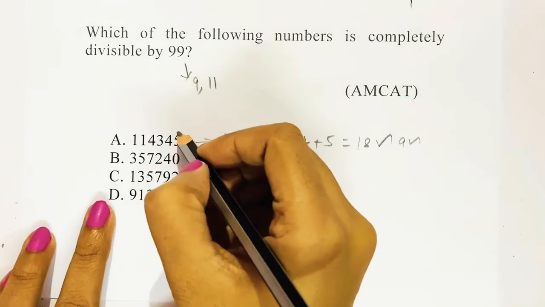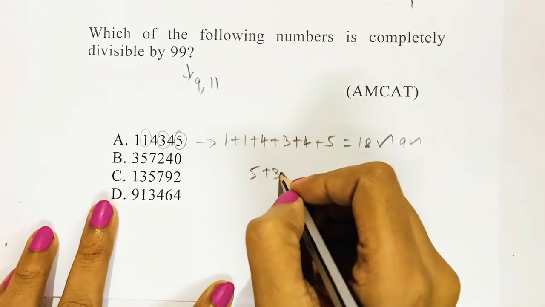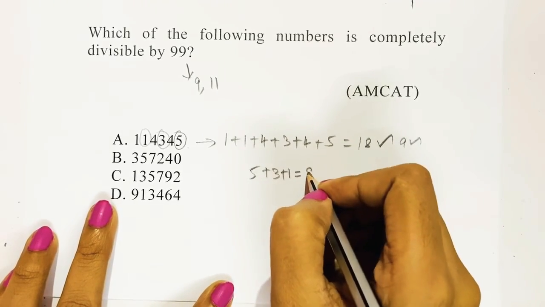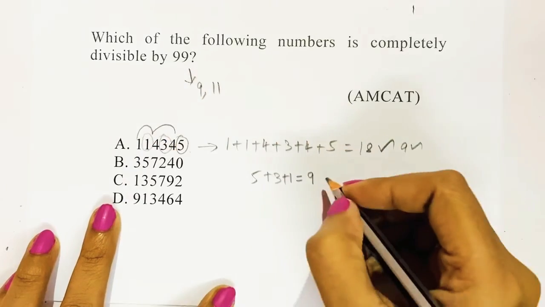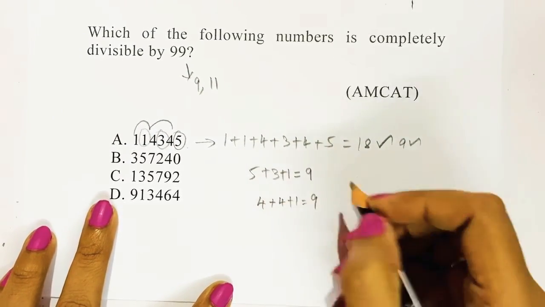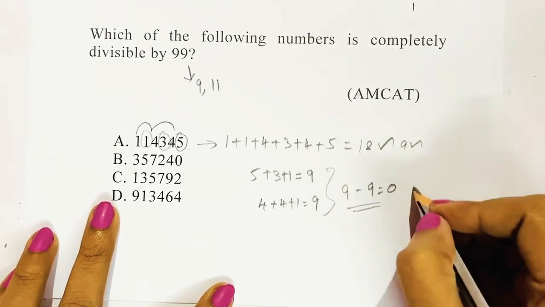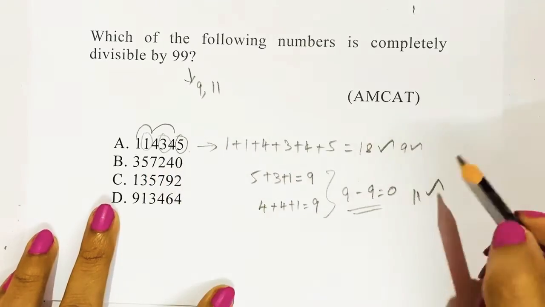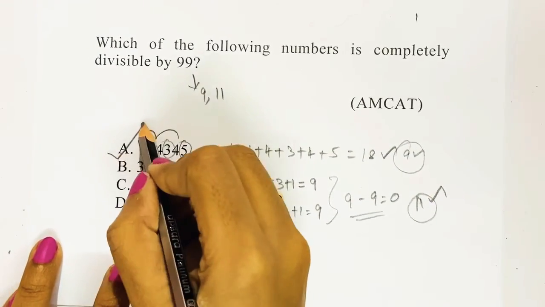The sum of the digits in odd places is 5 plus 3 plus 1, which is equal to 9. The sum of the digits in even places is 4 plus 4 plus 1, which is equal to 9. 9 minus 9 is equal to 0, which makes it divisible by 11. As this number is divisible by both 9 and 11, option A is divisible by 99.